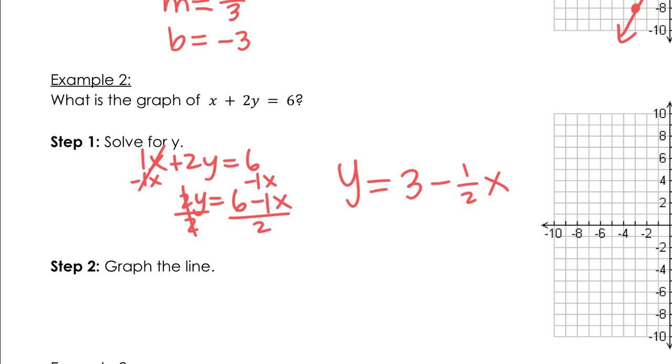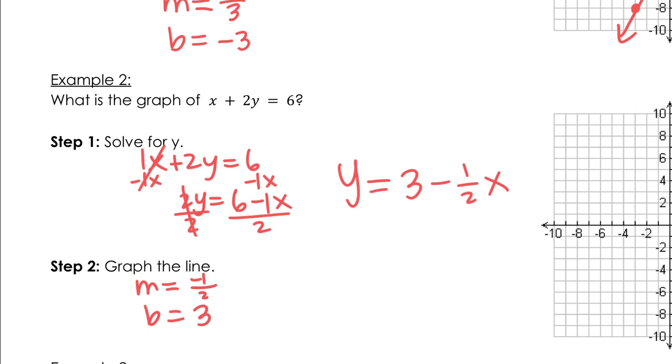All right, so now that I found that, I can say what my m and my b are, my slope and my y-intercept. My slope in this equation, my m, is going to be right next to the x, which is that negative 1/2. And I would put that negative with the top number if you're confused by where that negative goes when you do your up and down and your right and left. And my b is the number all by itself, which is positive 3.